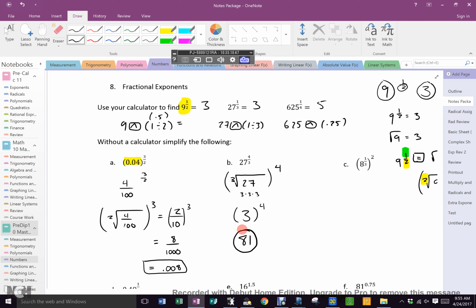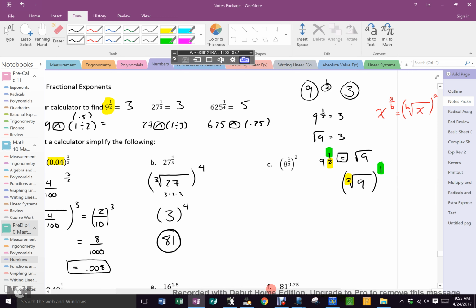Now please listen to me. What have I said about all the exponent laws? They all apply all the time. So when I look at C, I notice that I have an exponent law situation. I can do 2 different things here. What is one thing I could do?